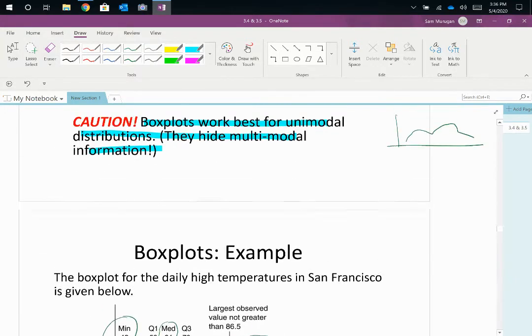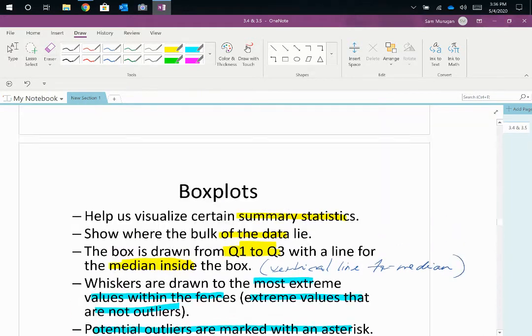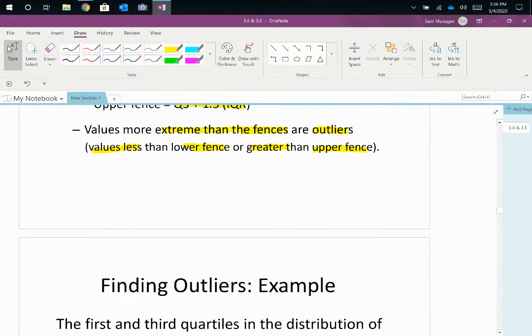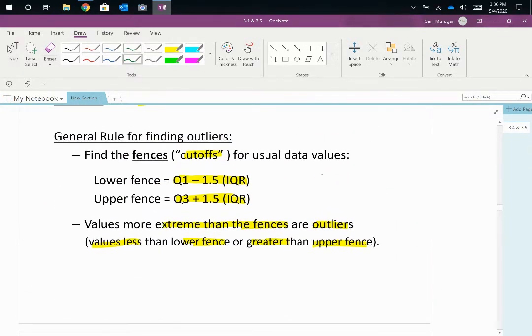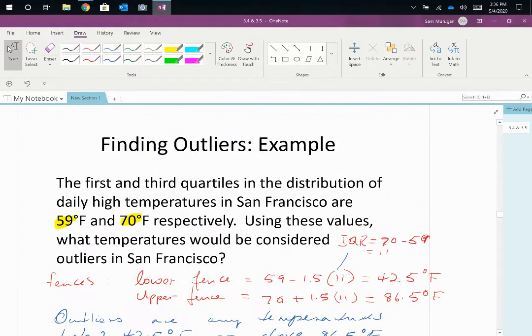Let me go back to where we did it here. IQR, right there. I'll make another note of it. IQR is equal to quartile 3 minus quartile 1.